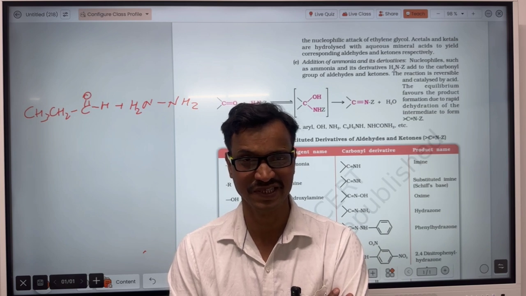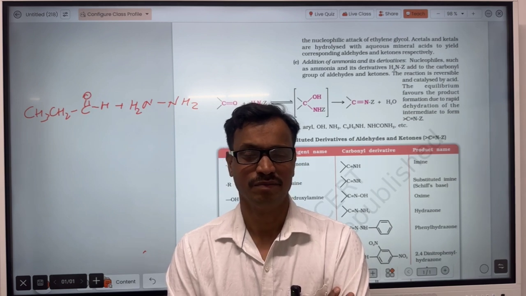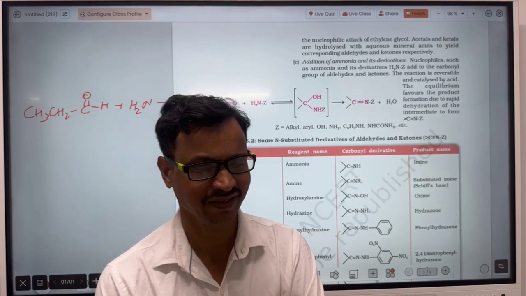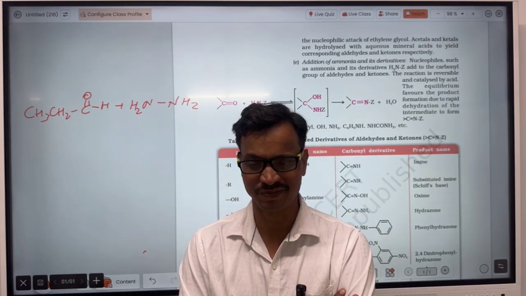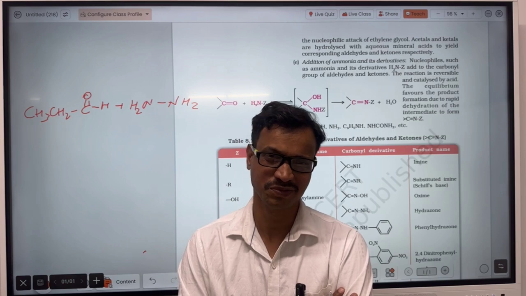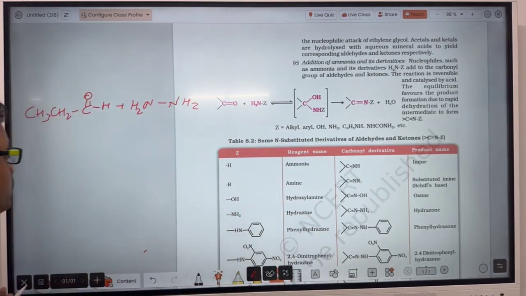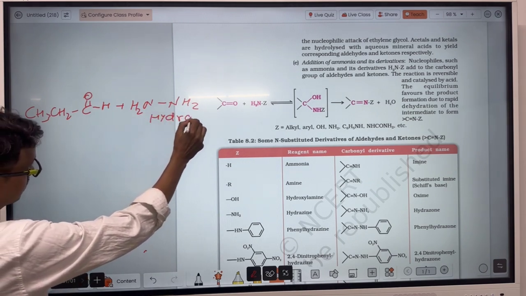I reiterate, when you study the NCERT book with understanding, you can solve more than 90% of the questions of JEE Main, and in the NEET examination, out of 45 you could solve 42, 43. Okay, here let's see. This one is called hydrazine.